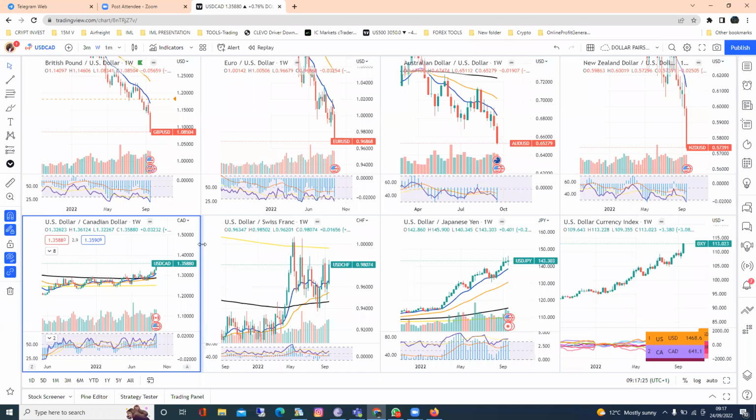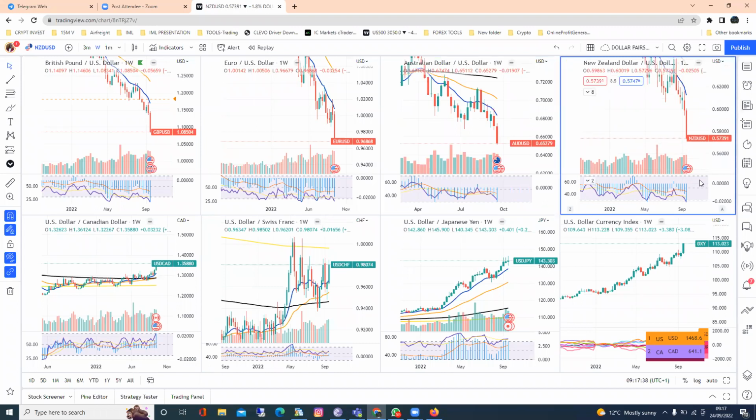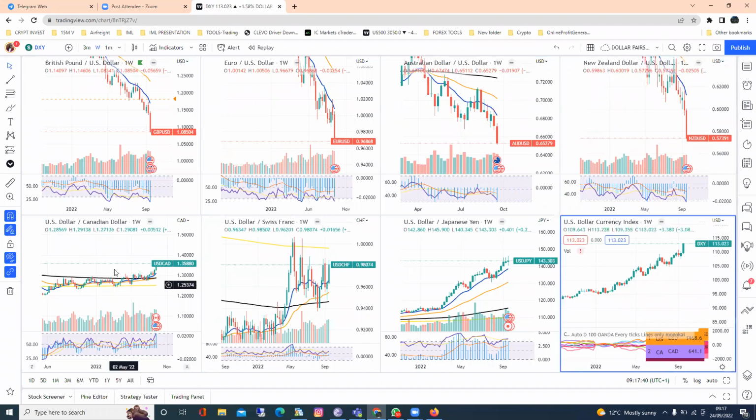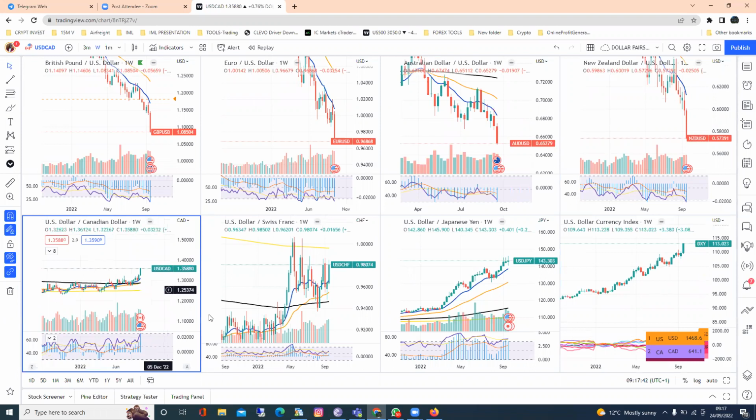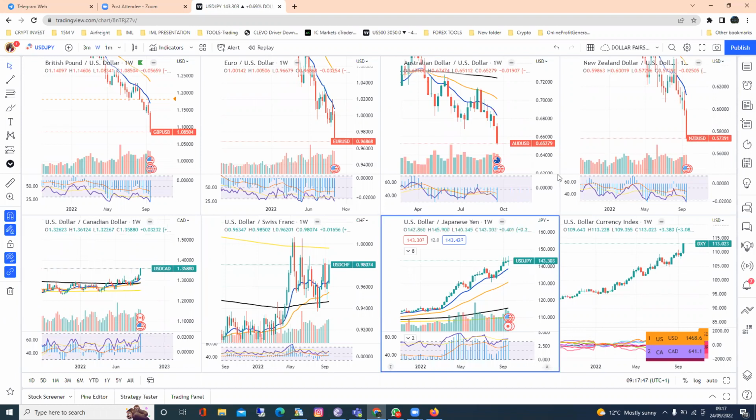So if you look at my chart over here, the first one is British pound dollar, euro dollar, Australian dollar, New Zealand dollar, and obviously I have dollar Canada, and then I have dollar Swiss, and I have dollar yen.